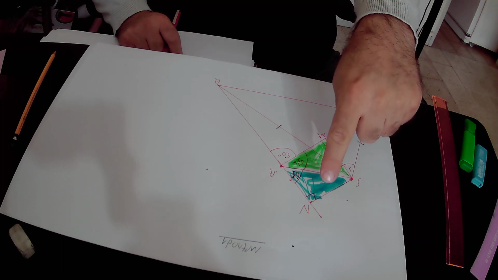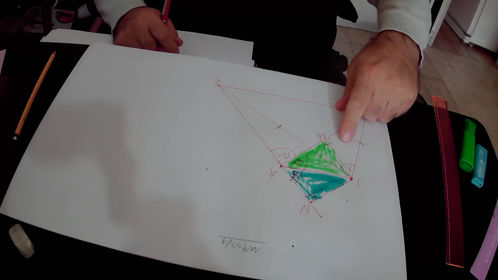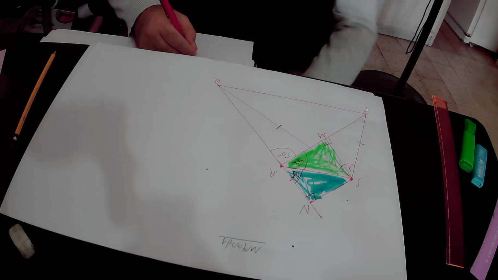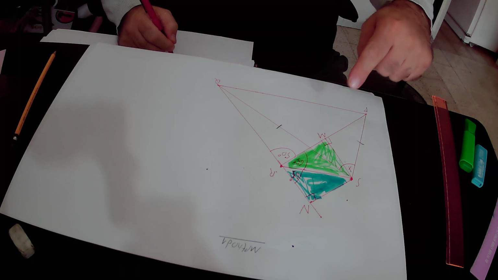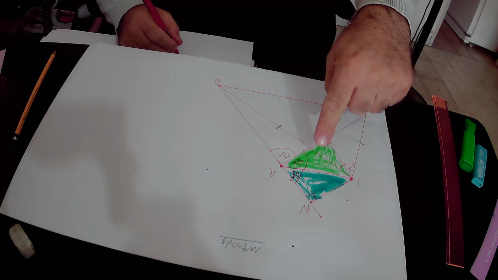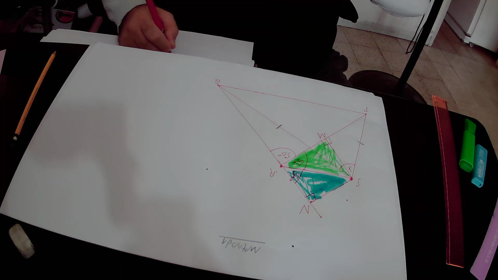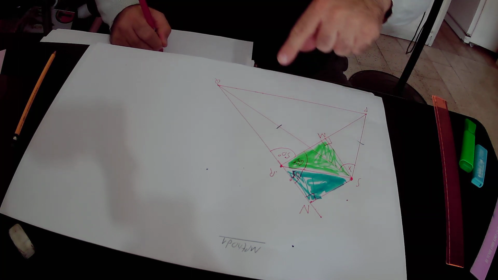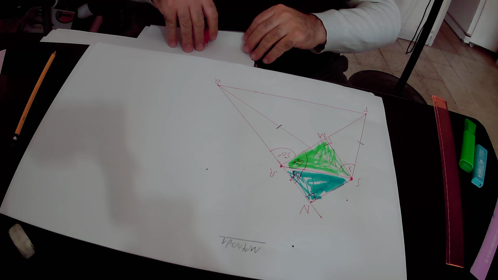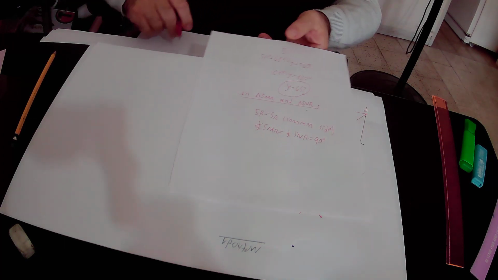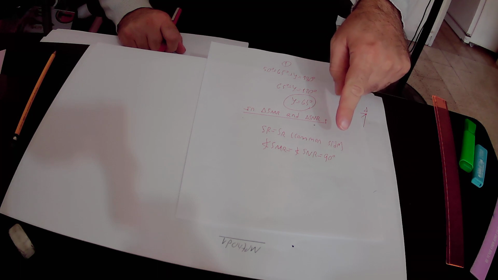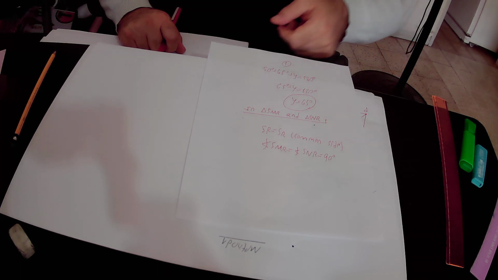They are both equal to 90 degrees, so angle SMR is equal to angle SNR, and both those two angles are right angles. They are equal to 90 degrees.